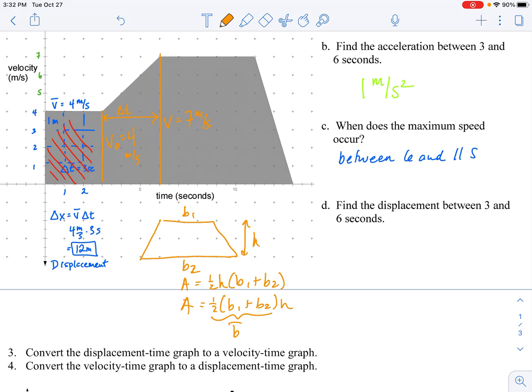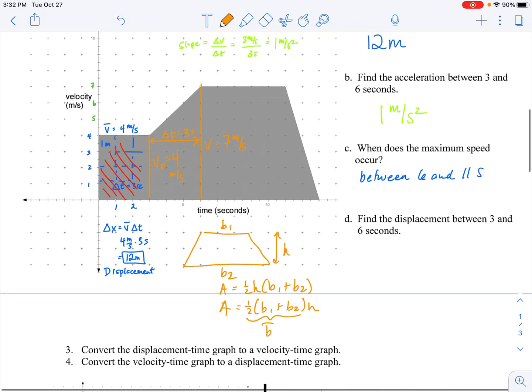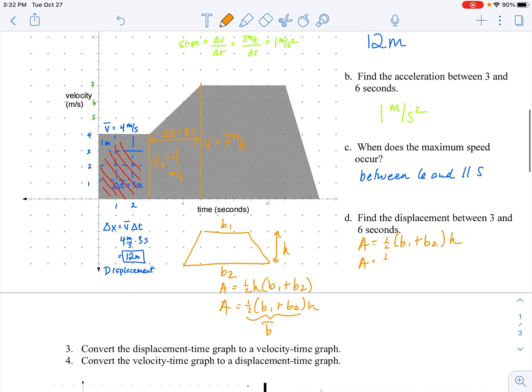The height is the change in time, and it's 3 seconds. So to find that area is 1/2 B1 plus B2 times h. And let's think about what these variables are. B1 was v naught, B2 was the final velocity, and h is delta t.